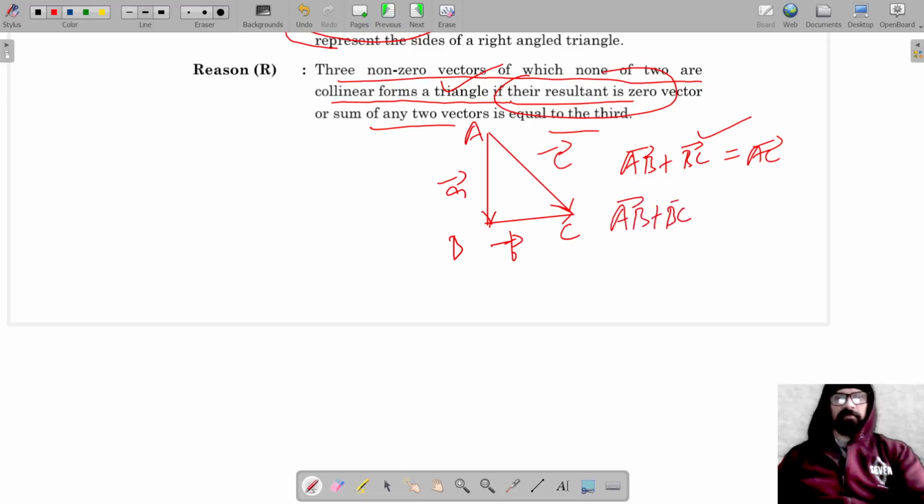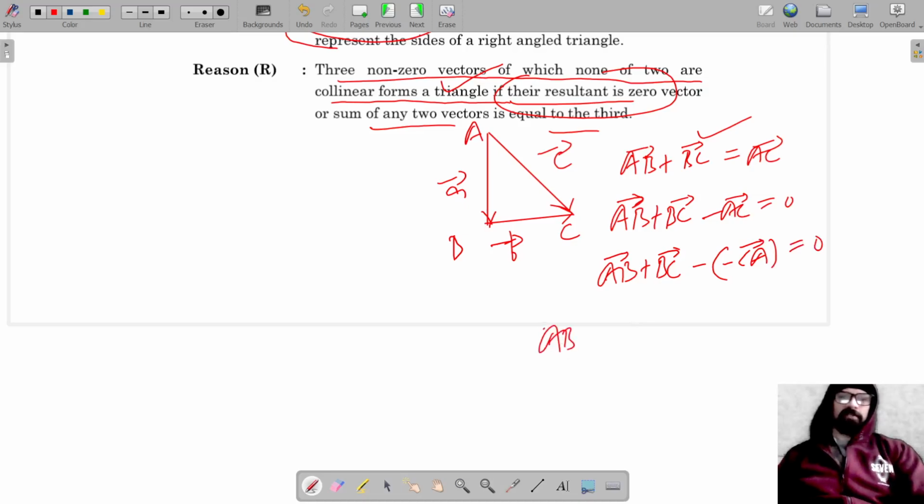AB plus BC minus AC vector is equal to 0. AC vector is the negative of CA vector. So now the resultant is 0.